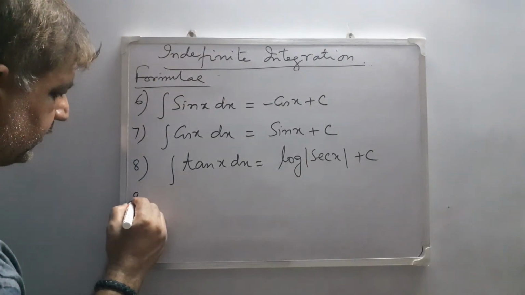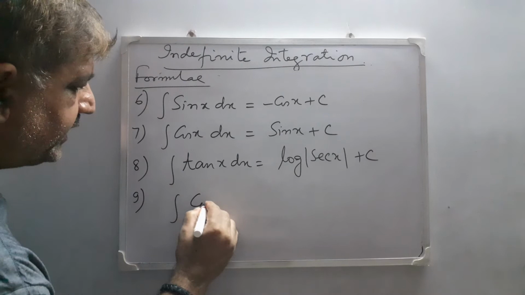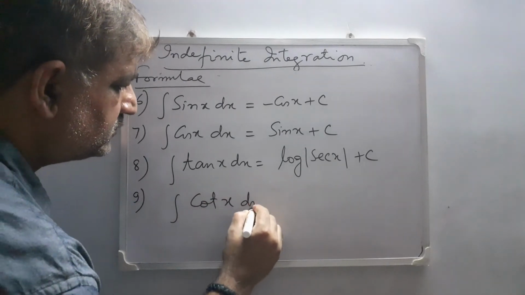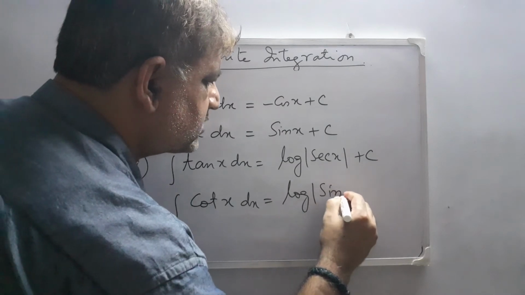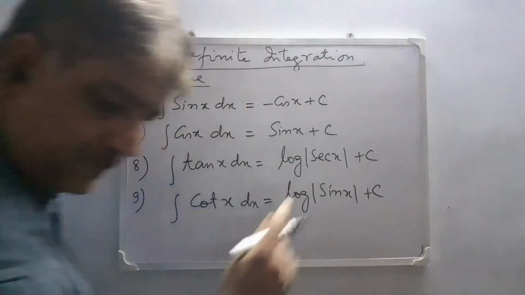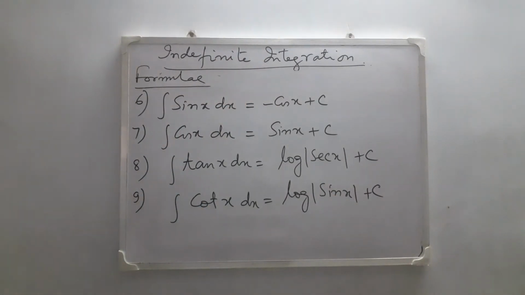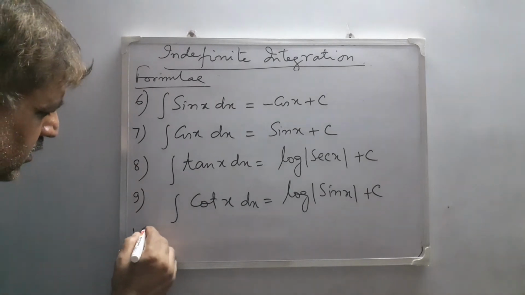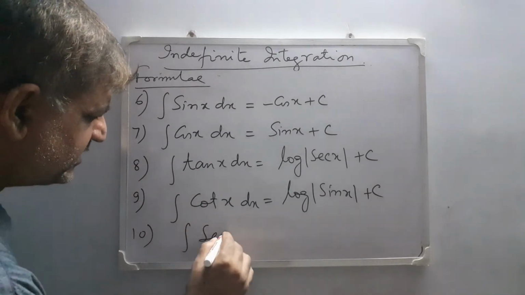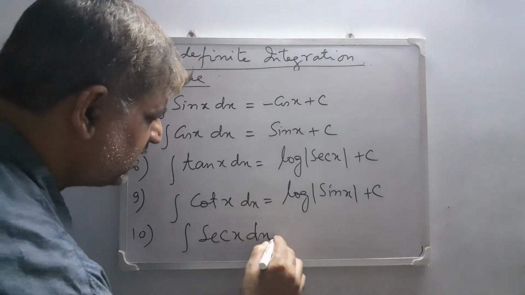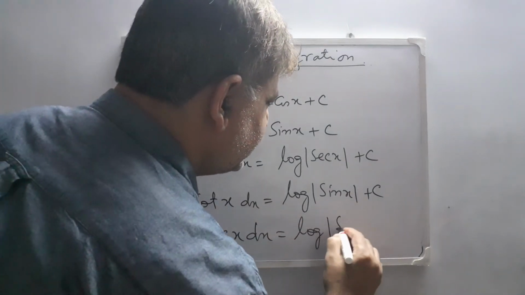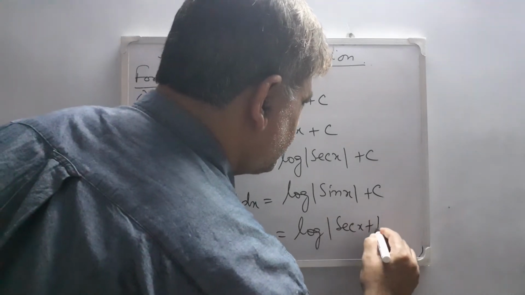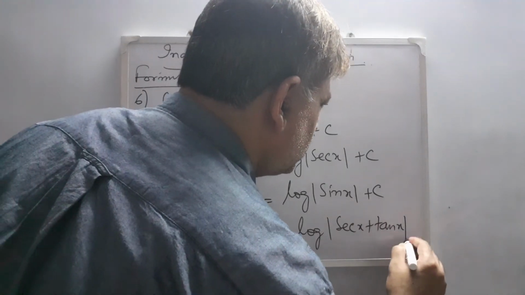Now number 9, integral cot x dx, that is log mod sin x plus c. Number 10, integral sec x dx is equal to log mod sec x plus tan x, mod closed, plus c.